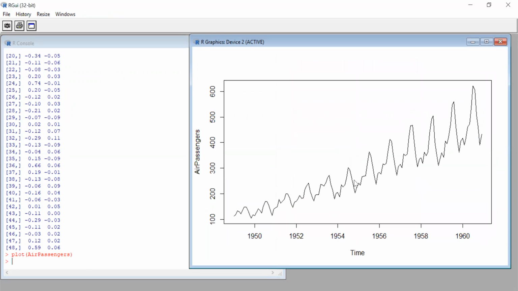So in this case, the final goal is to make the white noise. That means, not only in the time series model but in any kind of statistical model, we have to remove any effect.